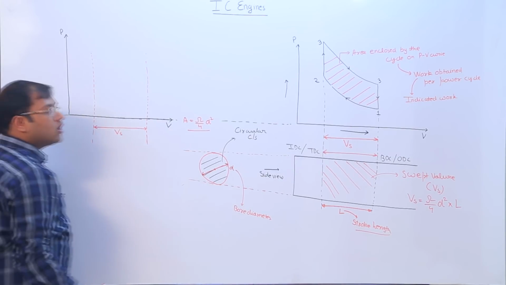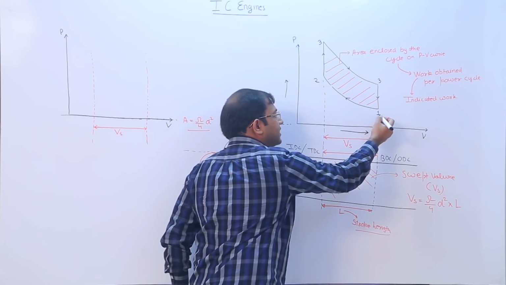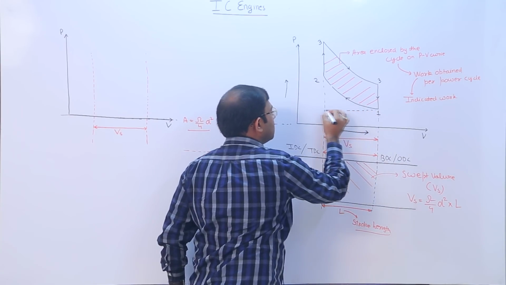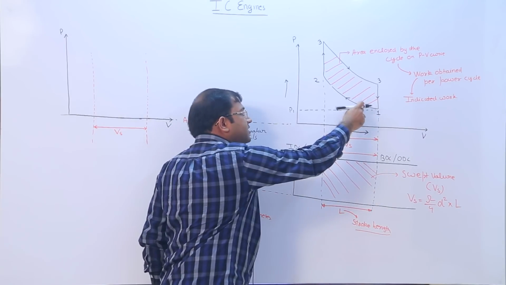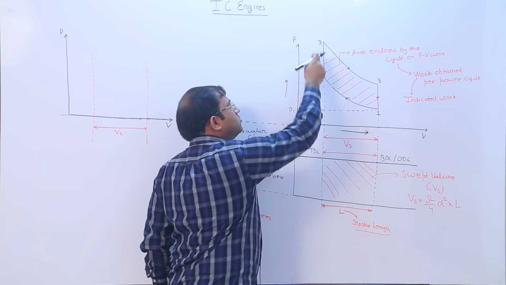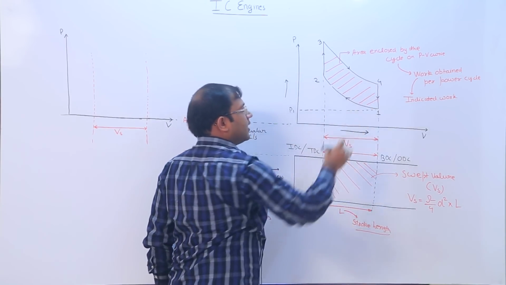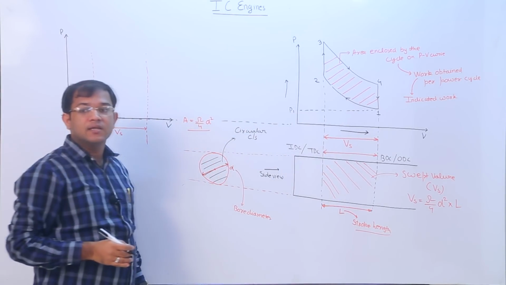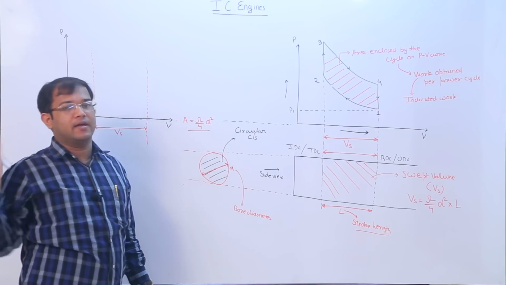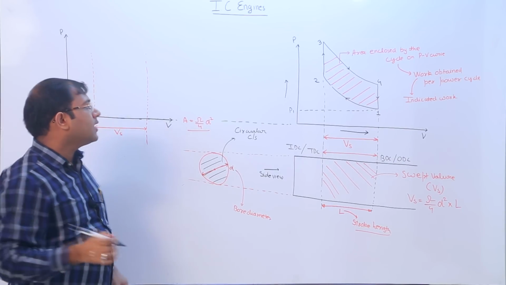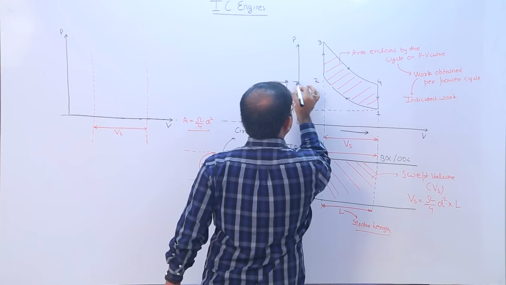Fine. Now what I am seeing is that here initially the pressure was P1, then the pressure is changing, it is going to P2, then P3, then your 4 and then 1. So what I am seeing is that the pressure is continuously changing within the cycle. So what I do is that I plot some mean pressure.